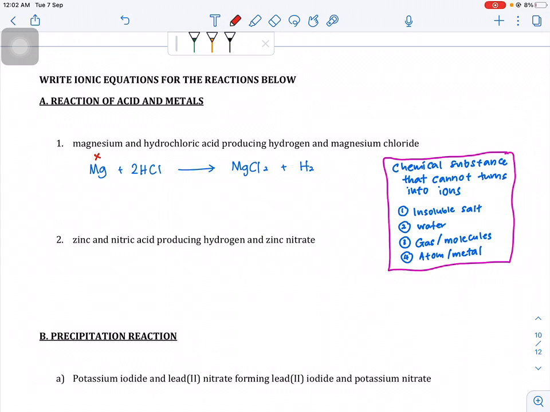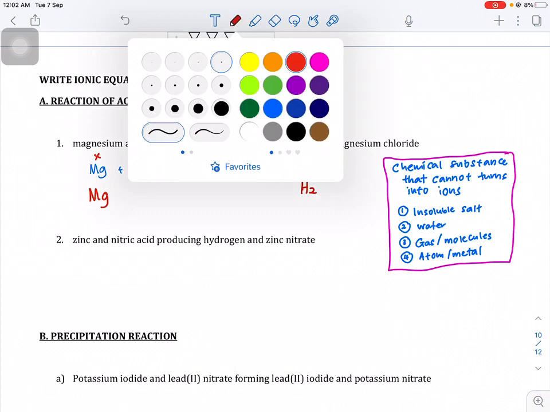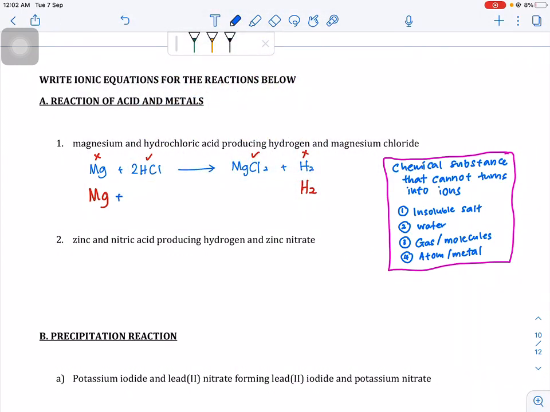Memang kena salin macam tu lah. Hydrochloric acid is not listed here. So, can. Magnesium chloride is a type of soluble salt. So, can. Hydrogen is a gas, is a molecule, cannot. So, we copy yang cannot ni dulu. Tak nak pening.